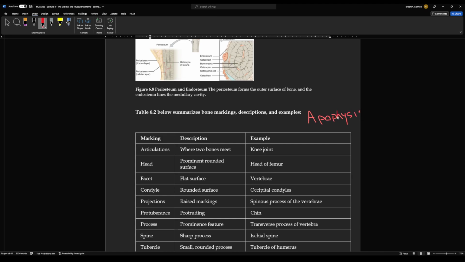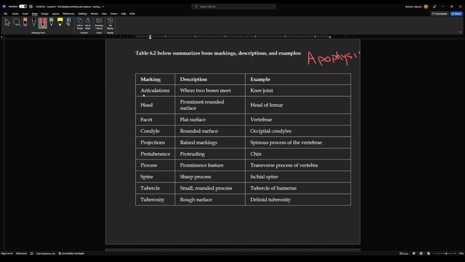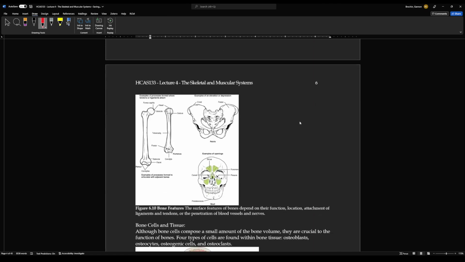Not to be confused with epiphysis, it's the apophysis. Oftentimes some of these are also used interchangeably, and some of them have very traditional ways to think about them.